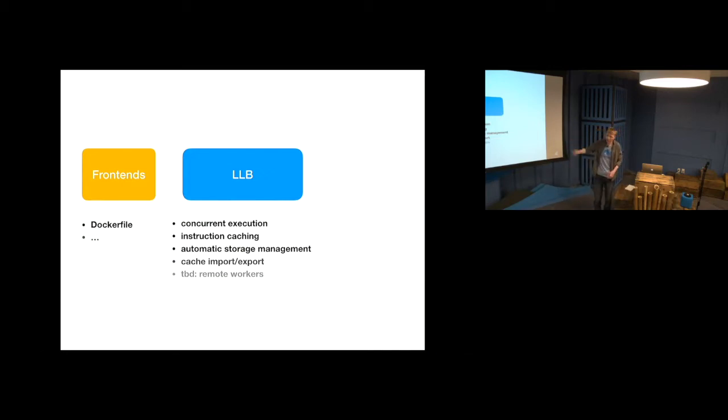So one of the front ends we of course want to support is Dockerfile, but LLB itself is not connected to Dockerfile in any way. You could build something really, really different in there, that doesn't have the Dockerfile layout or uses a completely other model.